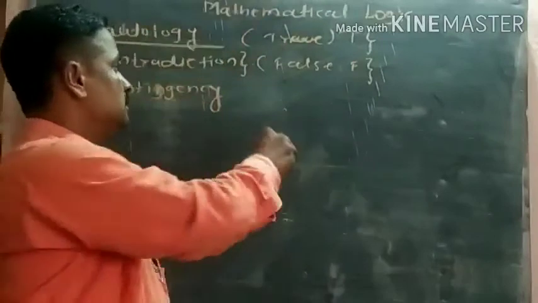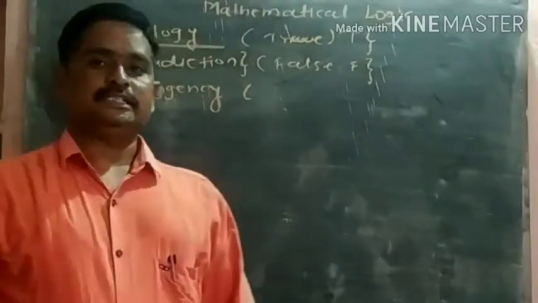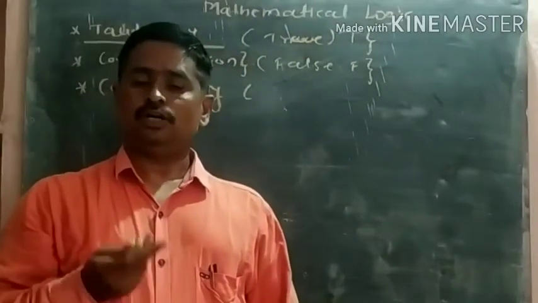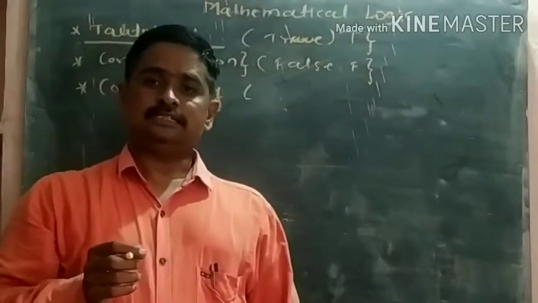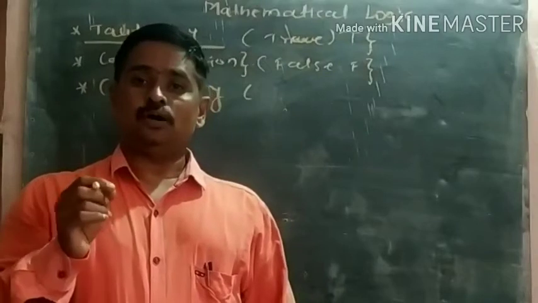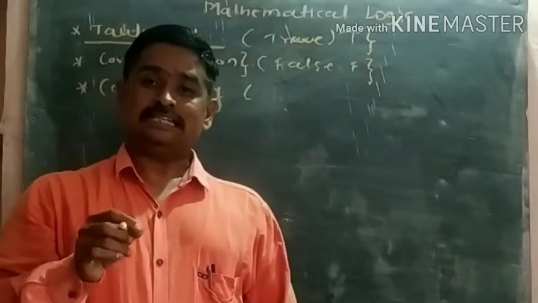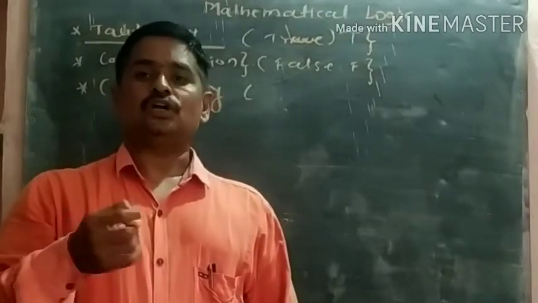Again, the third one is contingency. What do you mean by contingency? Contingency is nothing but a truth value of the given statement which is neither a tautology nor a contradiction.